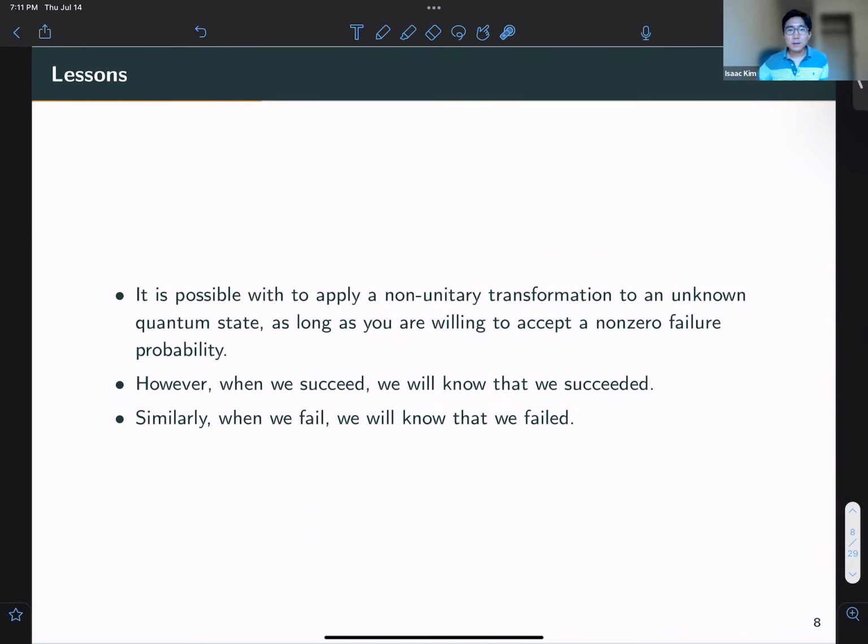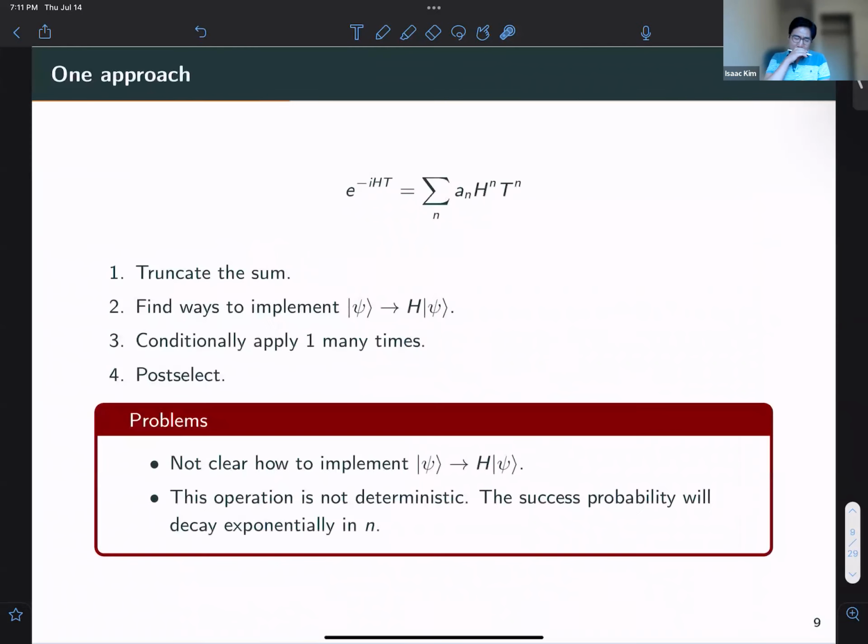In light of this fact, we can have some guesses on how you can carry out a Hamiltonian simulation. Here's an approach that roughly describes how the state-of-the-art algorithms work.